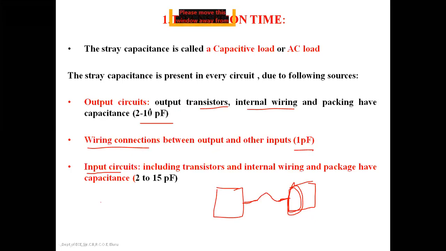Simply, the stray capacitance is an AC load. So overall, the rise time and fall time depend on two things: one is the transistor on resistance, and the second is the capacitive load or AC load.